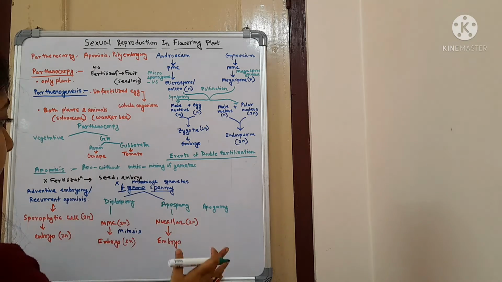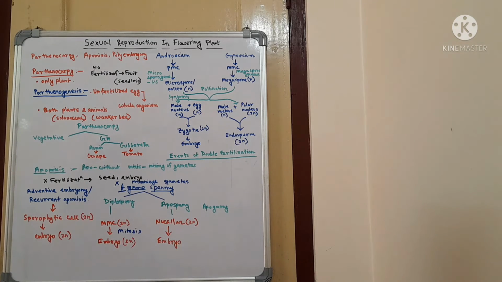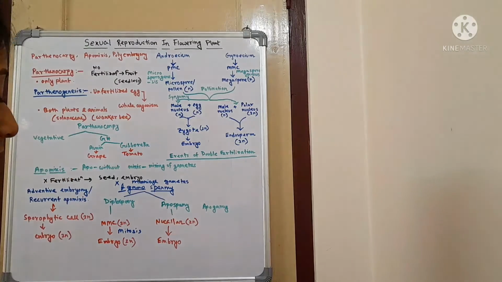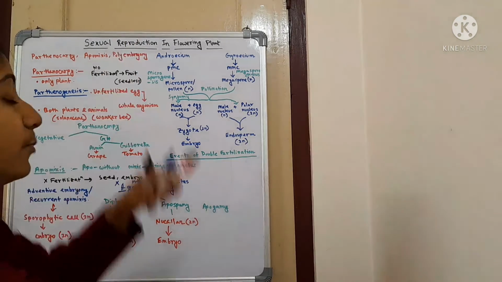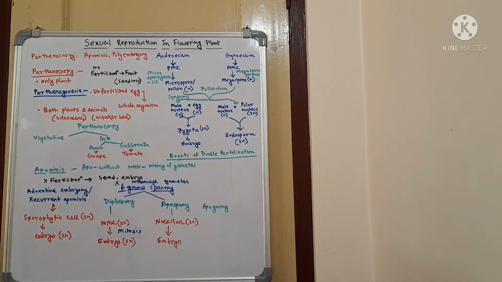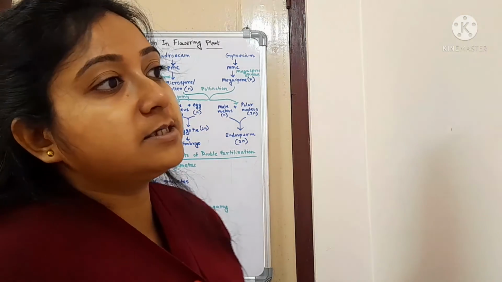Now in all of these cases, we can find the formation of more than one embryo. The formation of more than one embryo is considered as polyembryony. Polyembryony can be seen in citrus, cycas, pinus, onion.